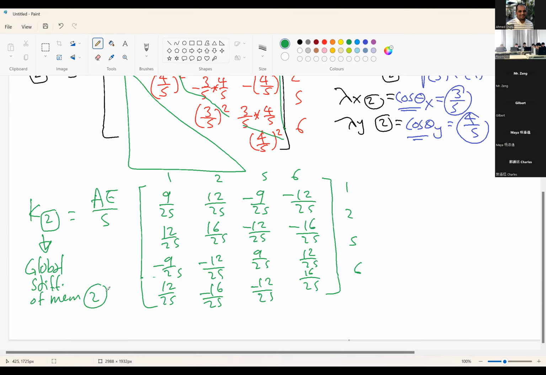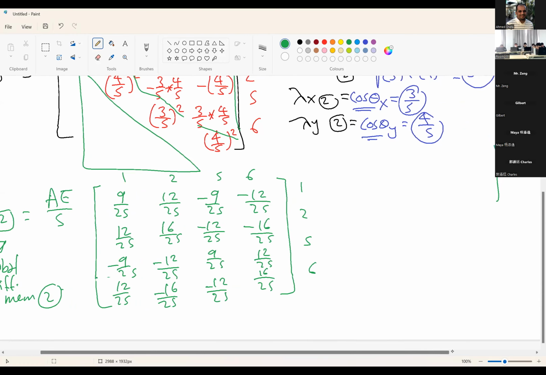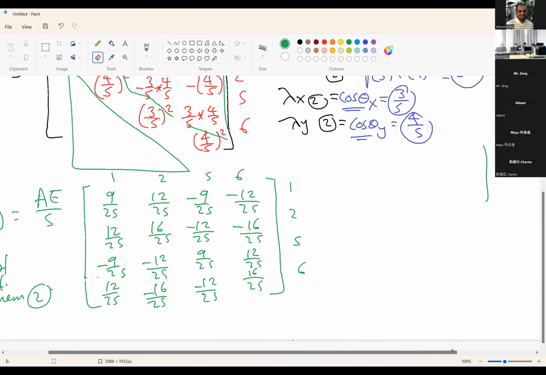What is our next step after we get the global stiffness matrix for member 1 and for member 2? Do you have any idea? To make it easier for us, I will write down K for member 1.